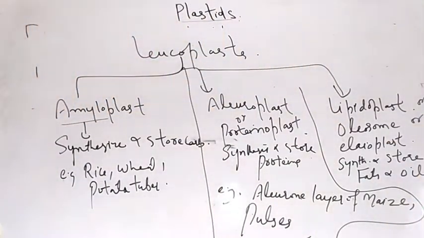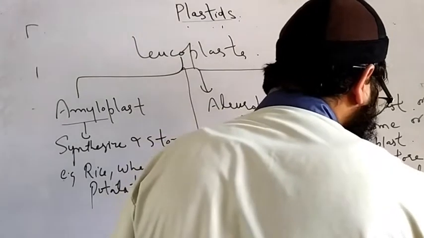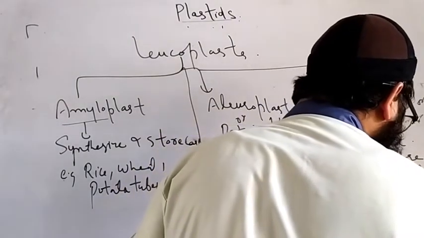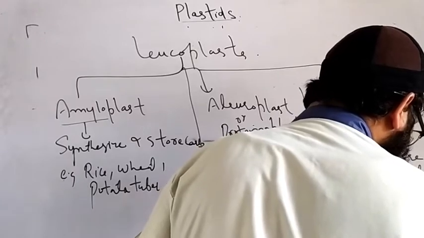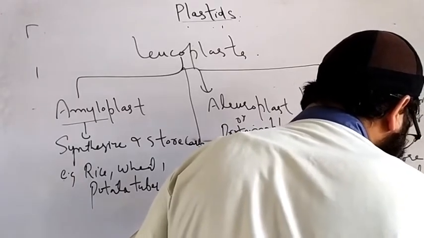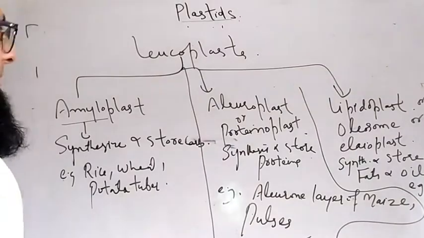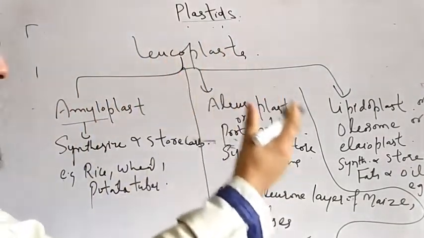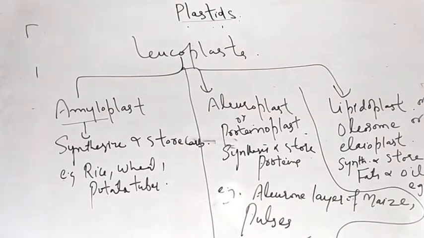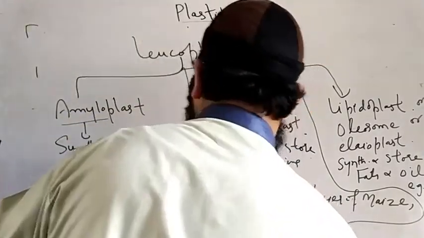For example, groundnut, castor. These are examples of the lipidoplast. So, we have three types of leucoplasts: amyloplast, aleuroplast and lipidoplast, depending upon the type of food which they store and synthesize. So, let us move on to the next type.